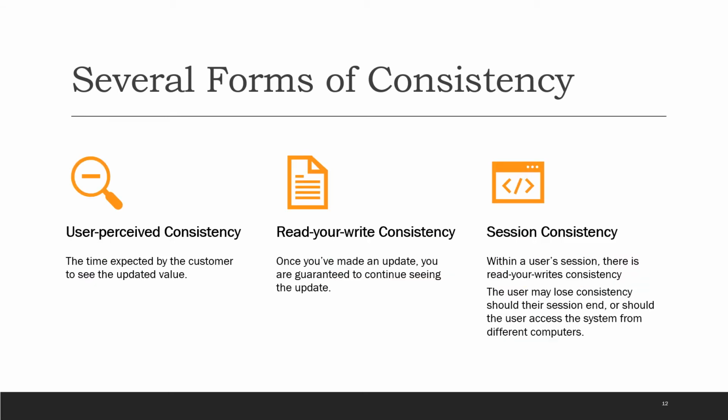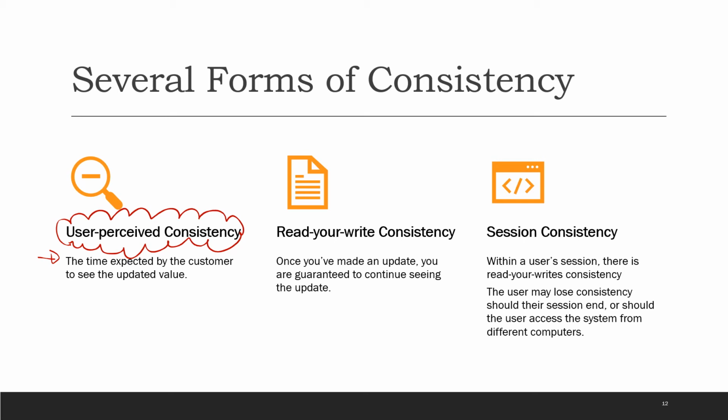Along with the previous form of consistency that we discussed, here are some related forms of consistency. First, user perceived consistency. It is very important to have the user at least see their own data, their own updates that they have made. So user perceived consistency refers to the time expected by the customer or user to see their own updated value.